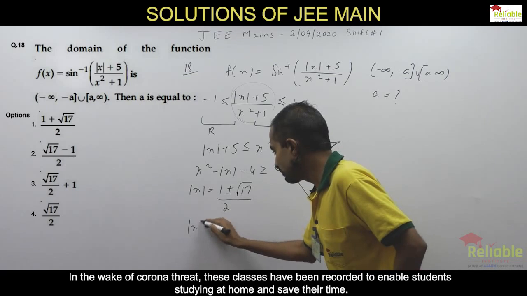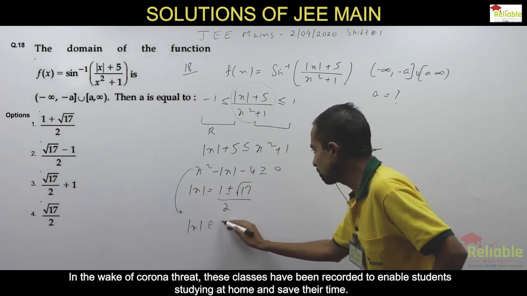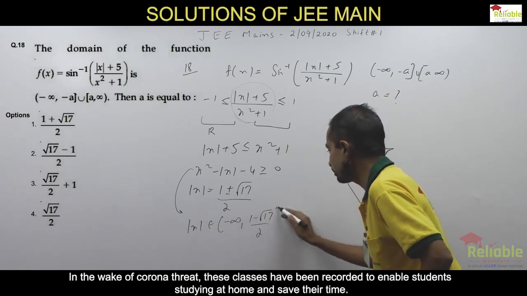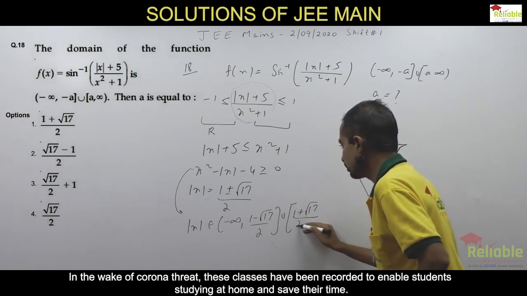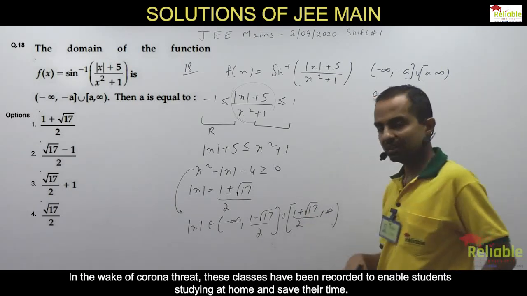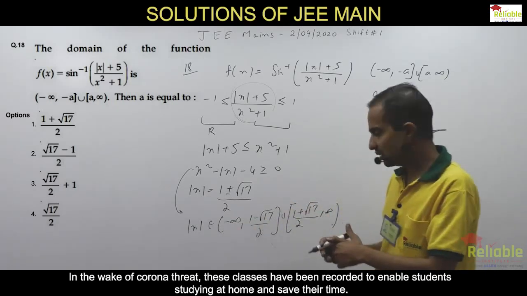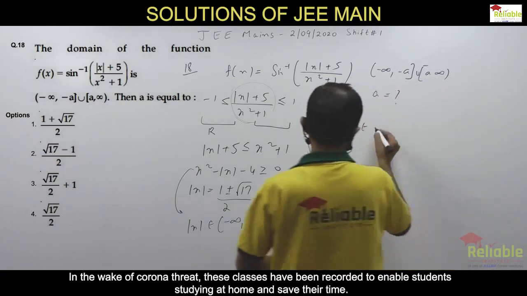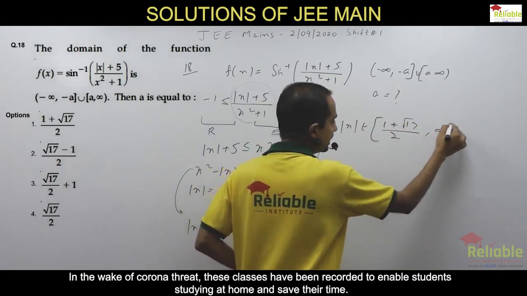By wavy curve method, you can solve this inequality as mod x belongs to minus infinity to (1 minus root 17) by 2, union (1 plus root 17) by 2 to infinity, right? Now this is always negative. Mod x cannot belong to a negative set. Hence you can revise this as mod x belongs to (1 plus root 17) by 2 to infinity.